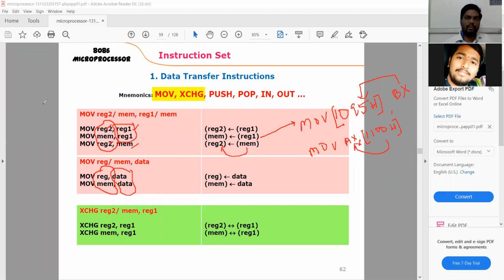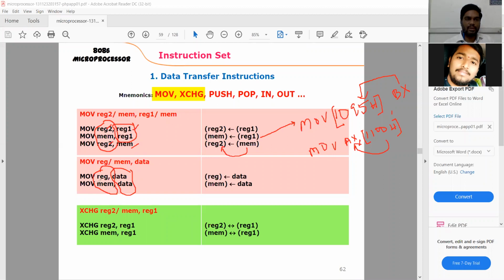The source can be a memory location, an immediate data, or a register. We can have three options. In the first group we saw the register source operand and the memory source operand. In the second category we will see the data source operand.